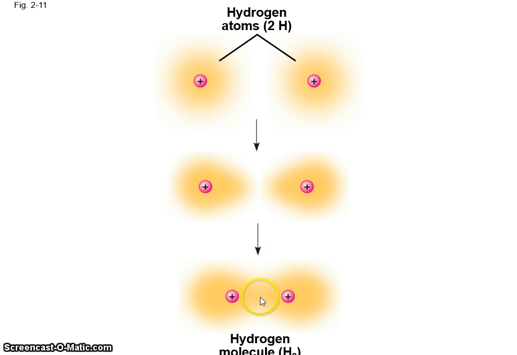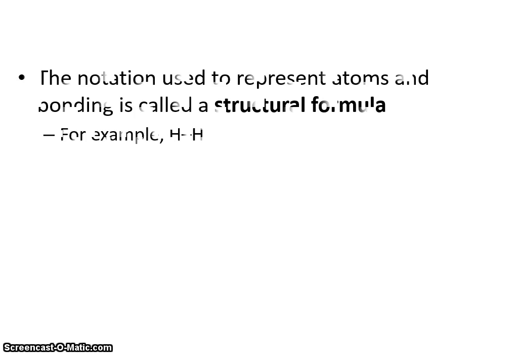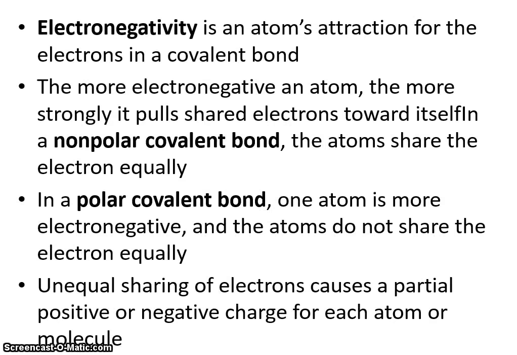So these electrons between the 2 hydrogens are going to be shared pretty equally. We call this type of covalent bond a non-polar covalent bond because the atoms are sharing those electrons equally. Think of 2 very similar sized people pulling on a tug of war rope. They're going to be pulling on it with pretty equal strength.